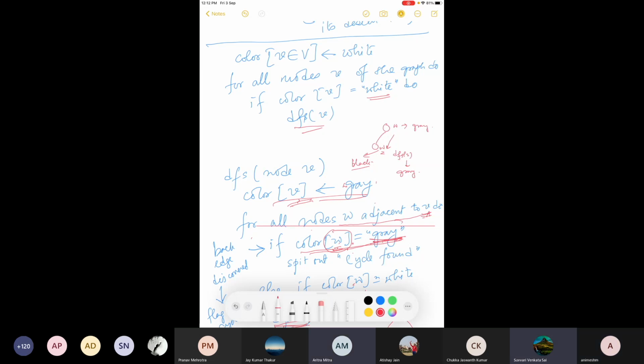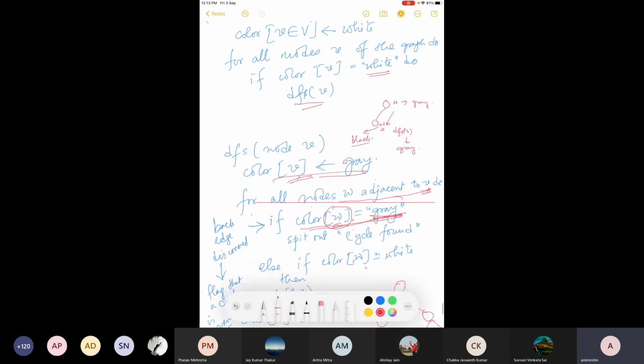So the same algorithm wouldn't work for both directed and undirected graphs. We will have to change it for undirected. So we have to make another parameter called parent. For the undirected graph, you have to change this a little bit.